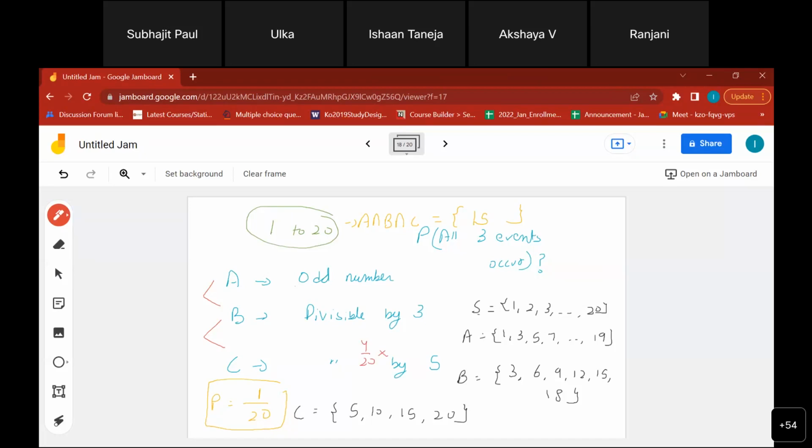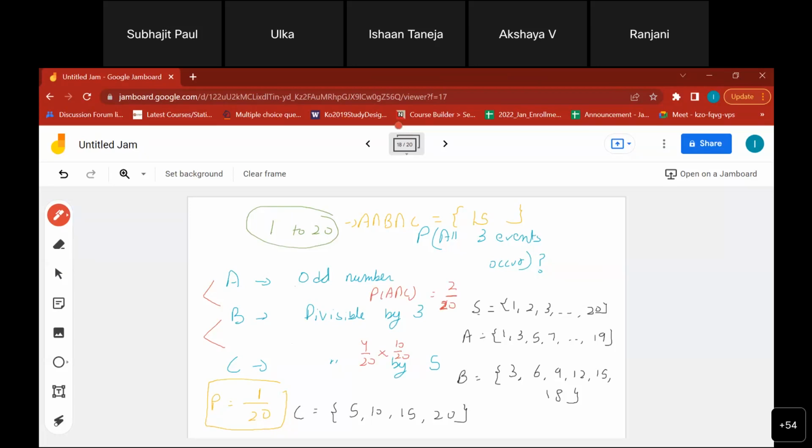Probability of A is 10 by 20. And what is probability of A intersection C? 2 by 20, right? So are these two equal? Yes, so A and C are also independent.